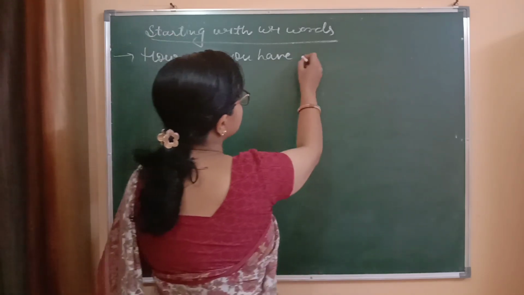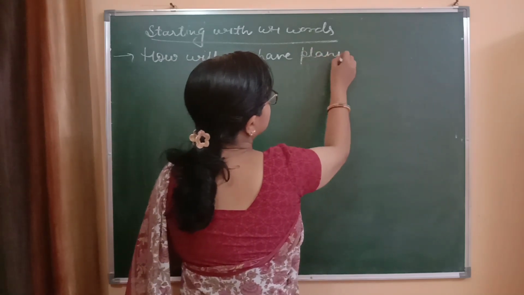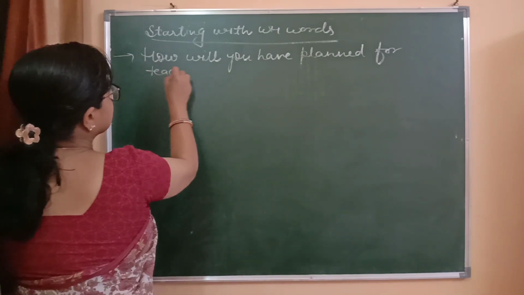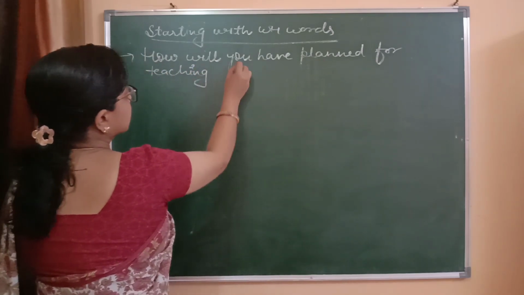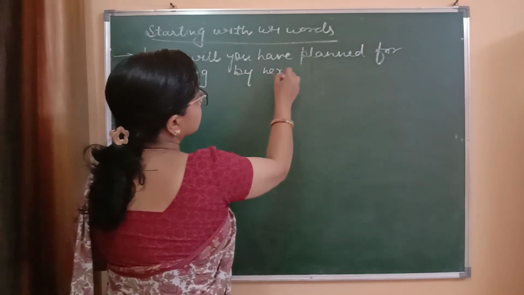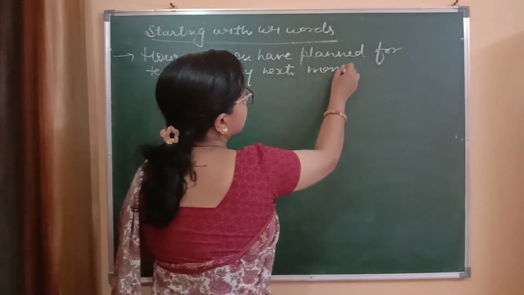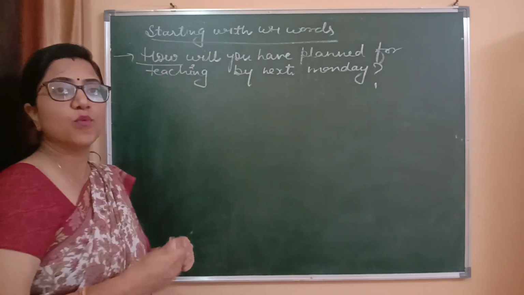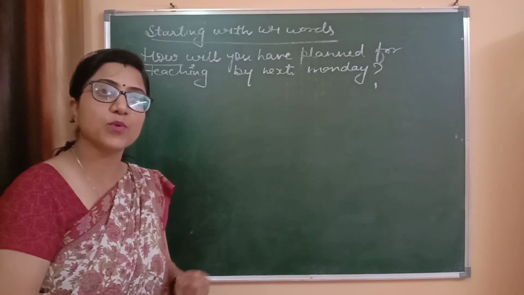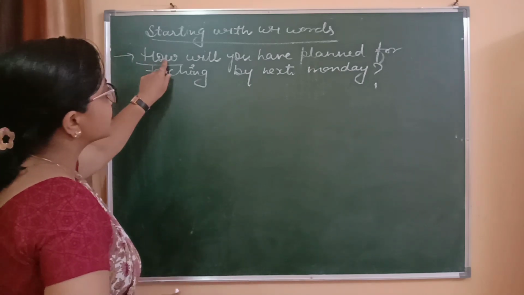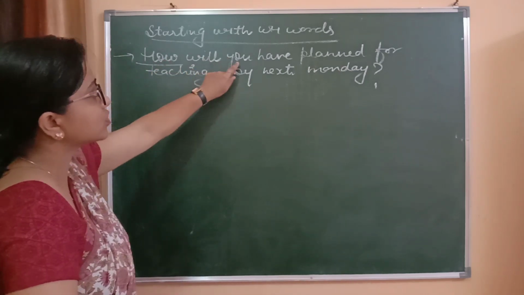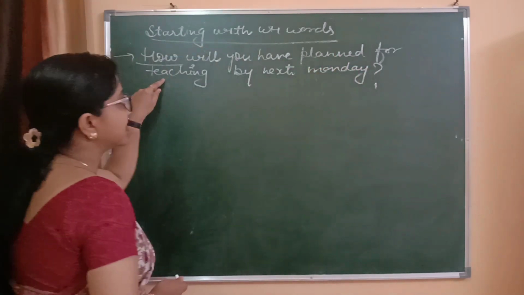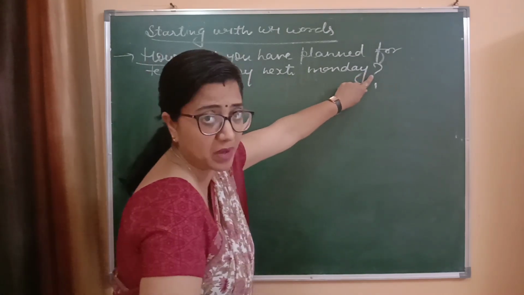How will you have planned for teaching by next Monday? Okay, here at the beginning, how, where, when, what, why, you can start from these words. After that, will or shall according to the subject, then have, then third form, and the remaining part of the sentence. At the end you have to add question mark, right?